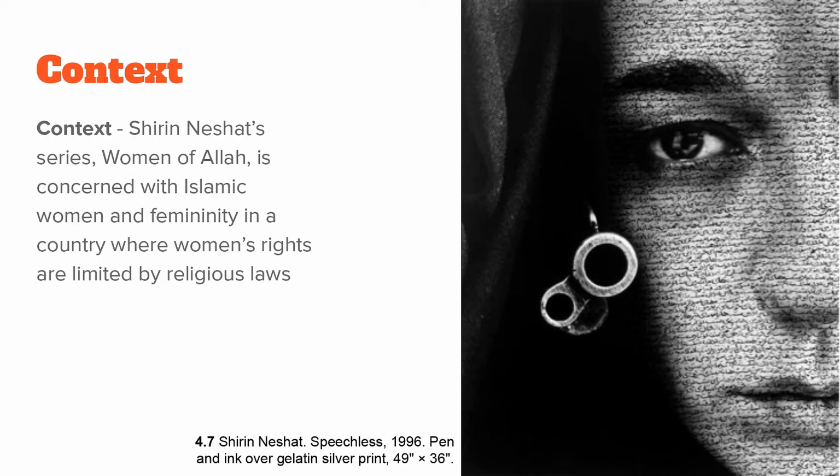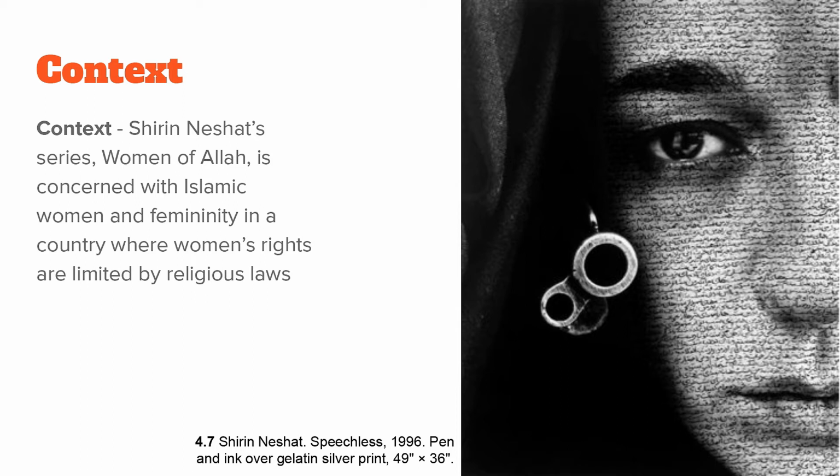Another thing in understanding context is that your experience is probably going to be different than someone else's experience. This is true not only in different time periods on this earth, but also in different cultures. Shirin Neshat's series, Women of Allah, is concerned with Islamic women and femininity, in a country where women's rights are limited by religious laws.